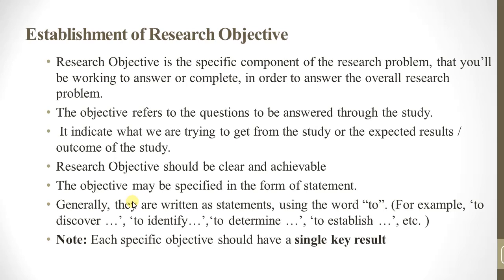A research objective is the specific component of the research problem that you will be working to answer or complete in order to answer your research problem. The objective refers to the questions to be answered through the study and indicates what we are trying to get from the study, or the expected results and outcomes of the study.